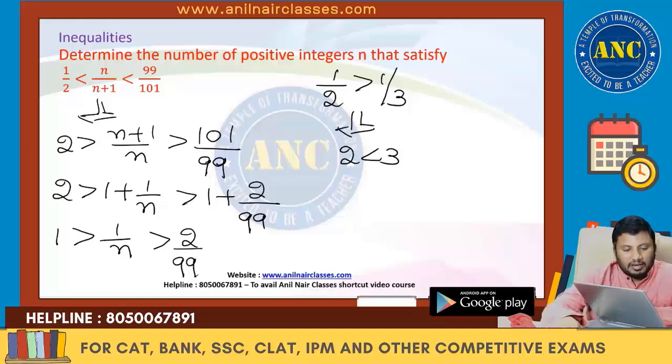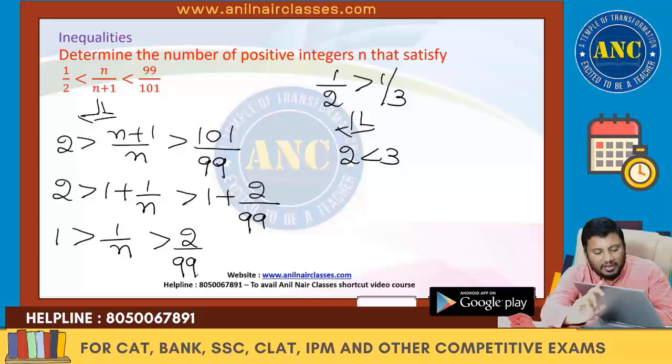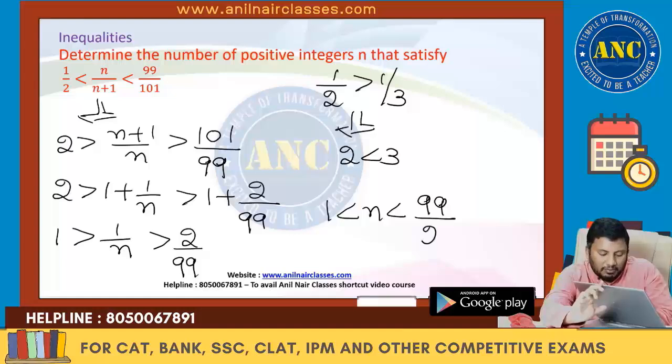Again, if I reverse it, 1 less than n less than 99 by 2, 1 less than n less than 49.5.